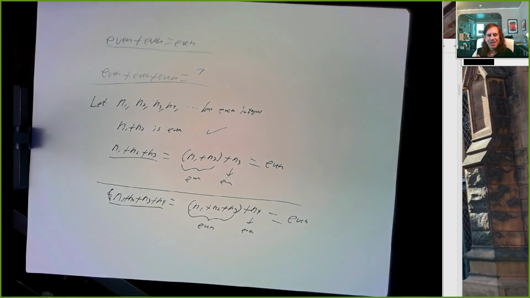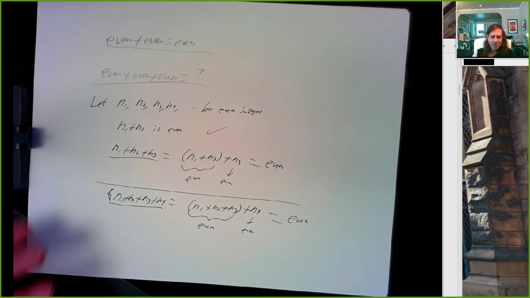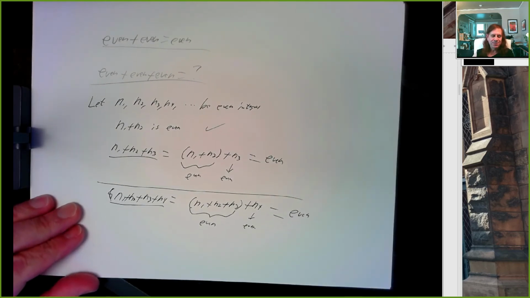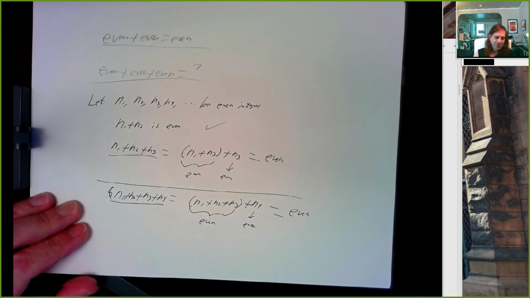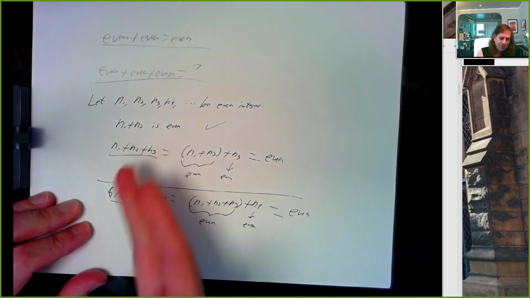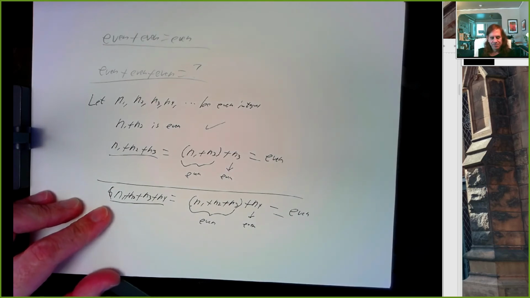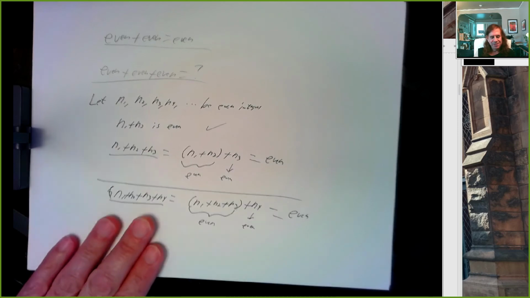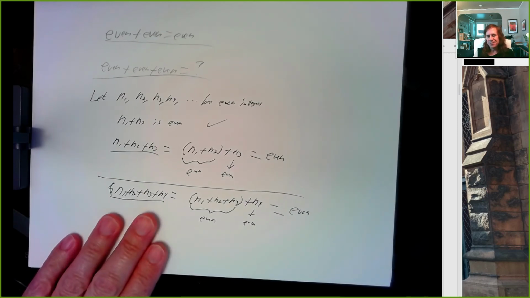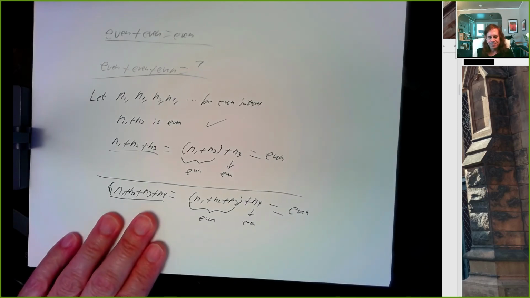But we understand logically that there's no reason we couldn't do that other than time and the amount of paper we have. We use this to go from 2 to 3 to 4. We should be able to go up to 4,000,000 if we wanted. But this does not prove that adding 4,000,000 even numbers gets us an even number.